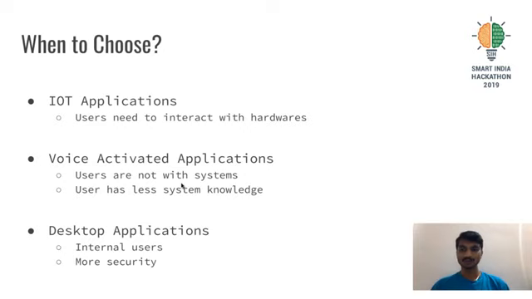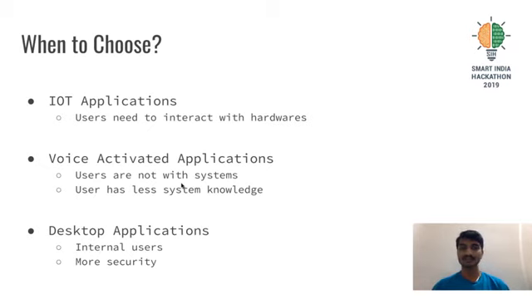Now, another booming kind of application is voice activated applications. Voice activated applications are useful when the users are not with the systems, and they don't want to interact with a system like mobile or laptop or desktop directly, because they are doing some other work and they want to interact with the application.